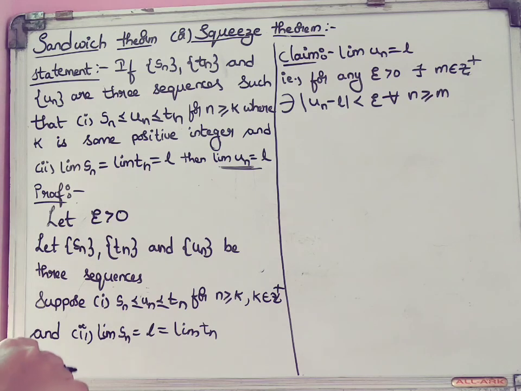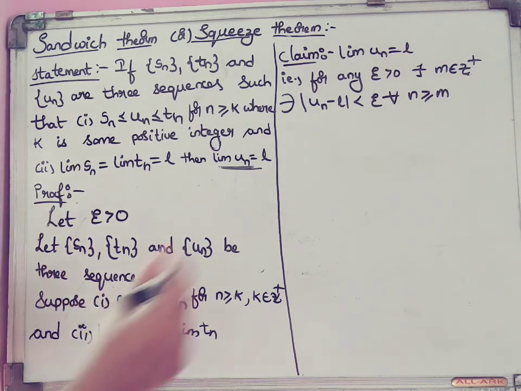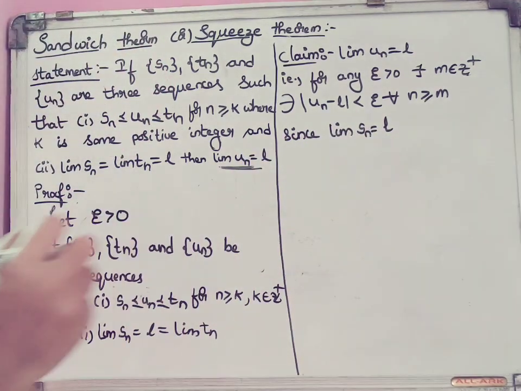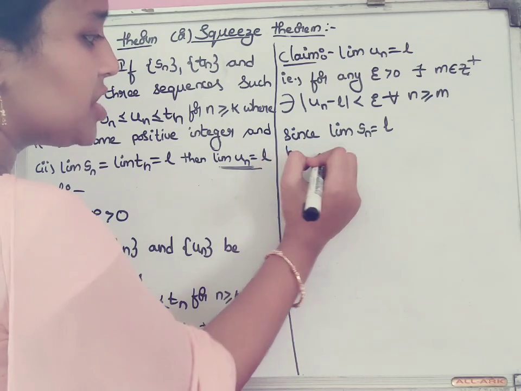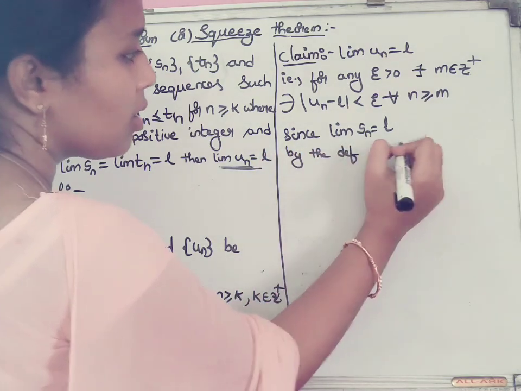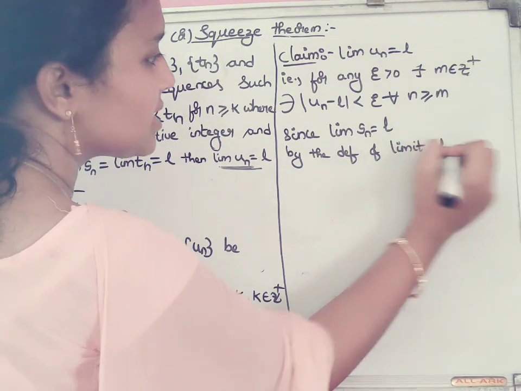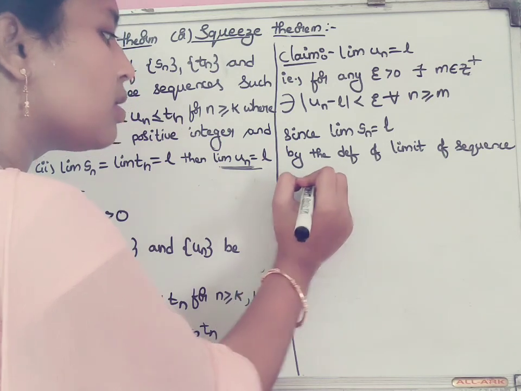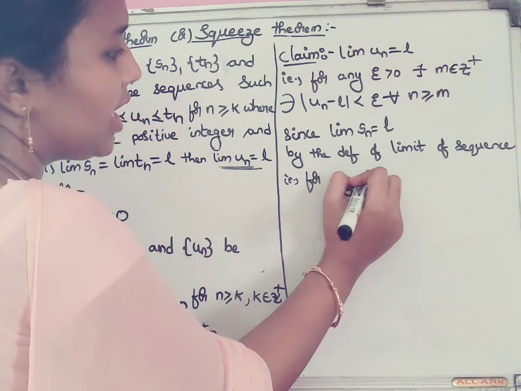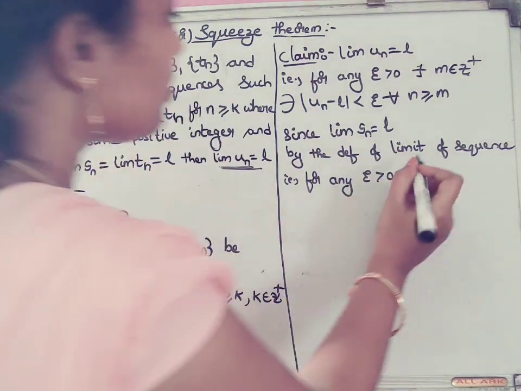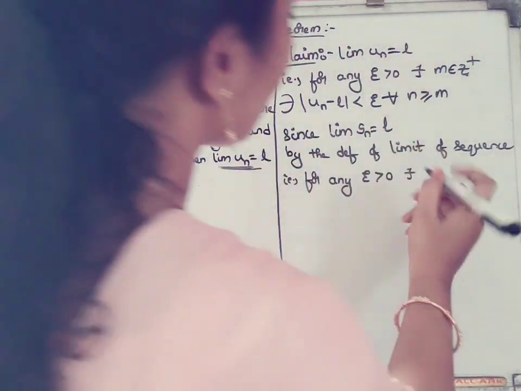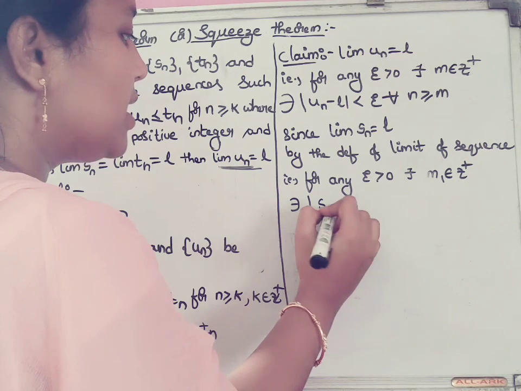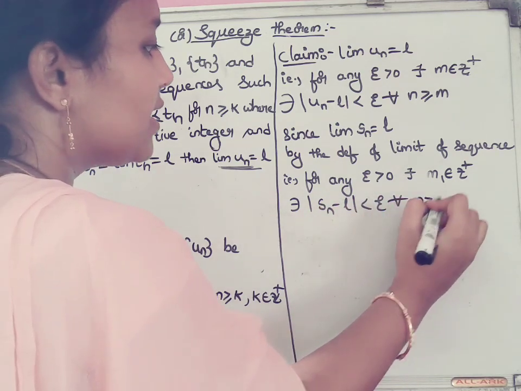Okay, see here. What we have here, limit Sn is equal to L. Since limit Sn is equal to L, again by the definition of limit of a sequence, we can write: for any epsilon greater than 0, there exists a positive integer m1 belonging to Z plus such that mod Sn minus L less than epsilon for all n greater than or equal to m1.